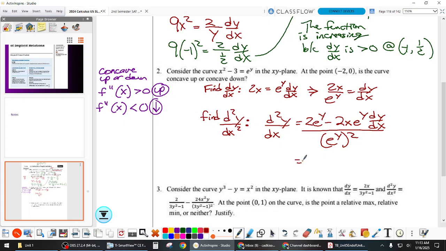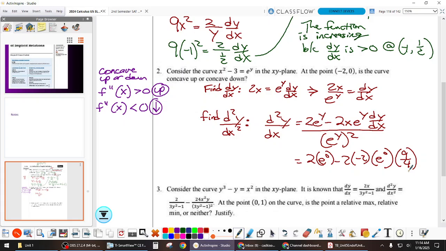Thank goodness we can just plug points into this mess, right? And then dy/dx here. I guess it was nice that I figured it out, because I do have to plug it in here. Dy/dx at that point was, what was it, 9/4?